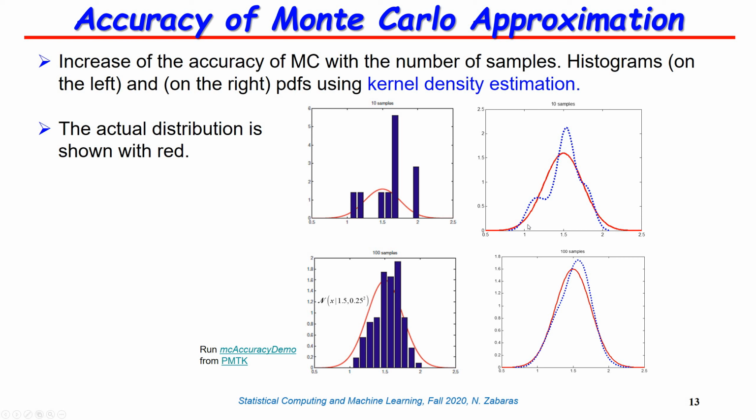This is the red PDF that you see, but as the number of samples increases, when I do kernel density estimation, the approximation starts getting better and better, and this is the approximation for 100 samples.